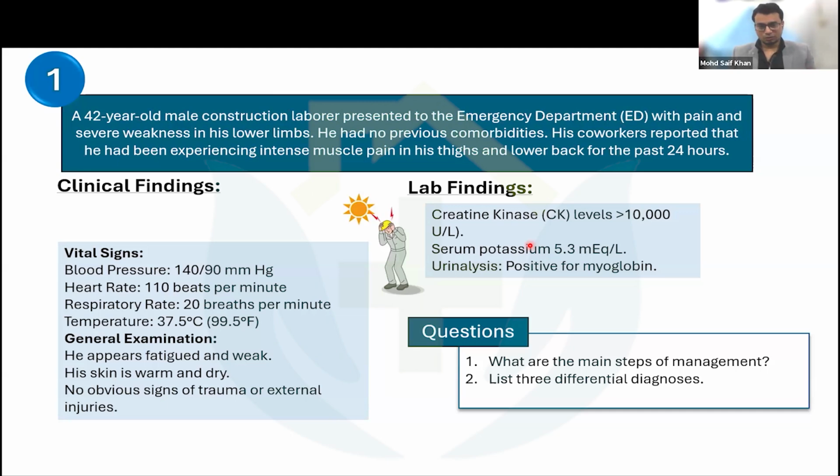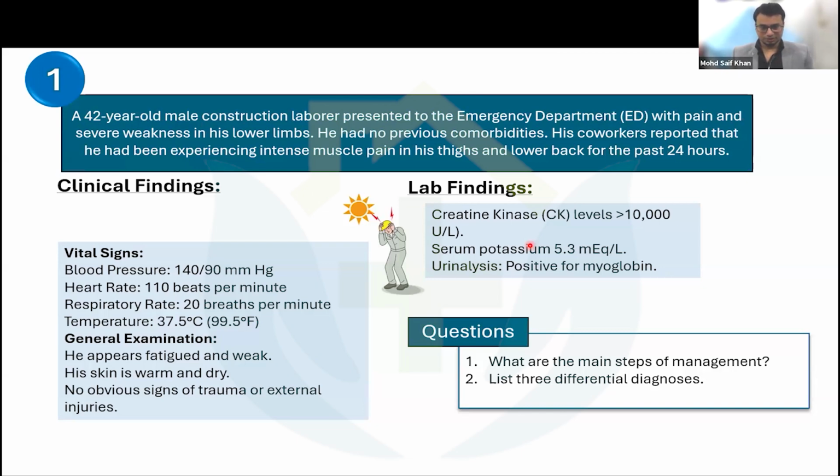Now the differential diagnosis of rhabdomyolysis can be any muscle disorder. So myositis, inflammatory myositis, could be one differential. Second, you can say in this case the leg compartment syndrome, which can also give rise to pain and maybe weakness, and hyperkalemic paralysis.